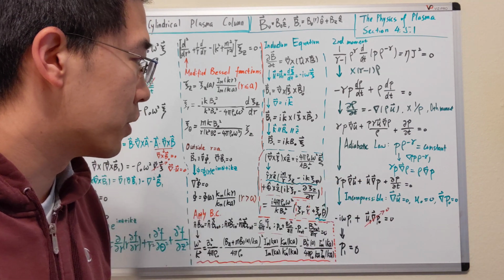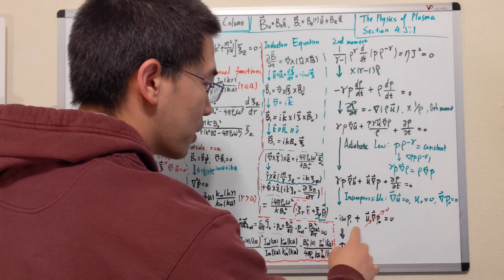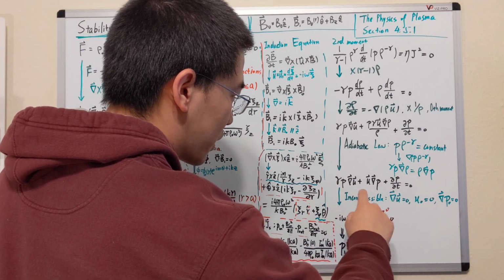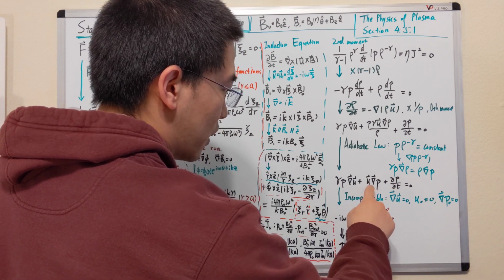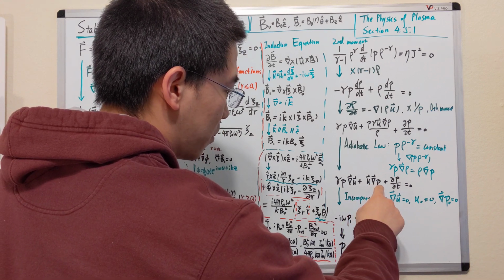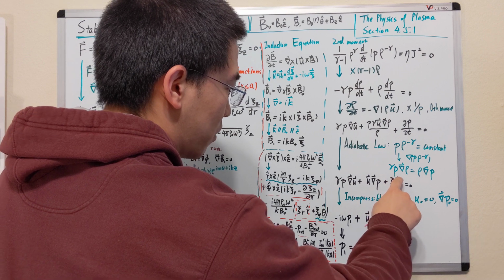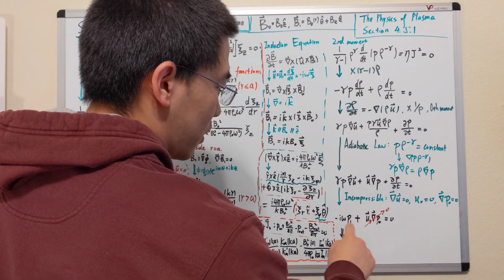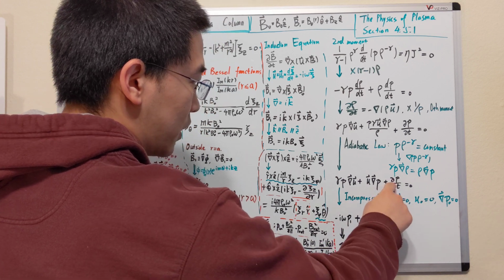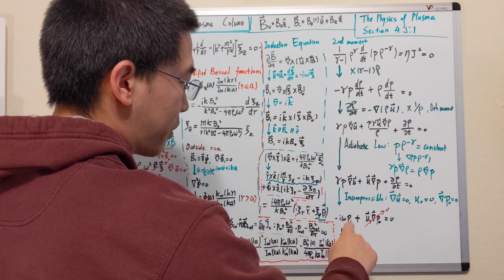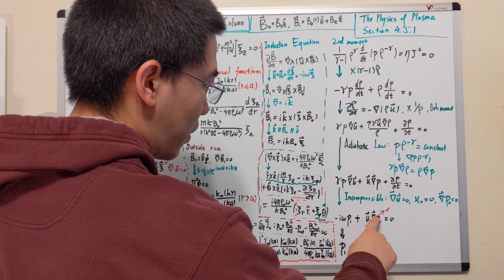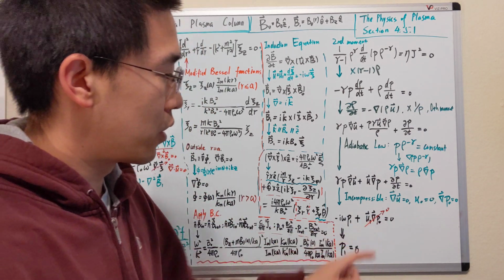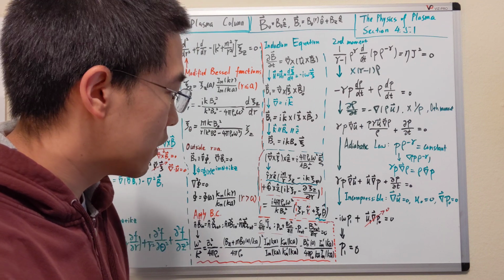This becomes zero, and if we take the first order, then u1, p naught, p1, it becomes this, and d/dt is negative i omega p1 plus u1 grad p naught. Grad p naught is zero since we assume it's homogeneous.